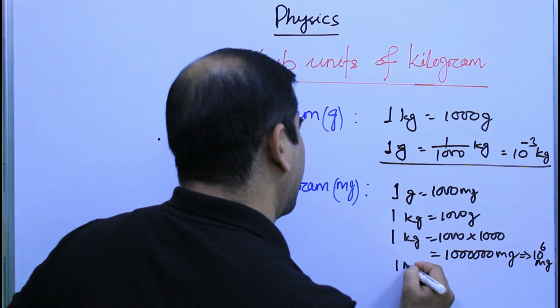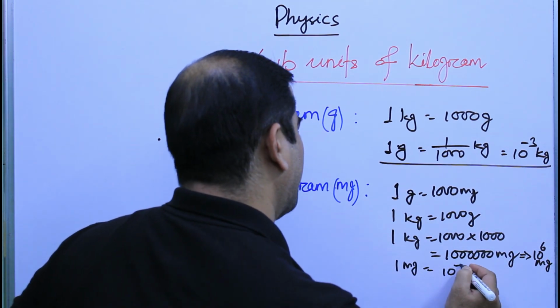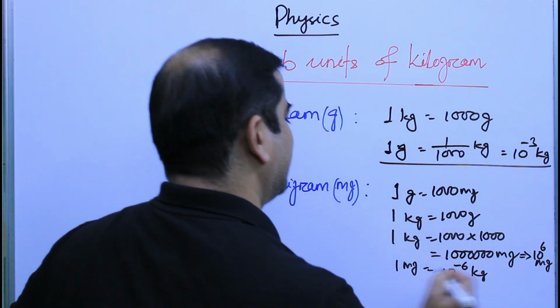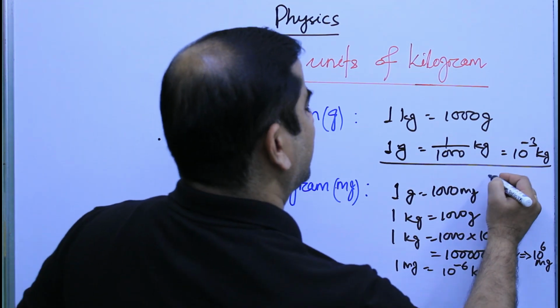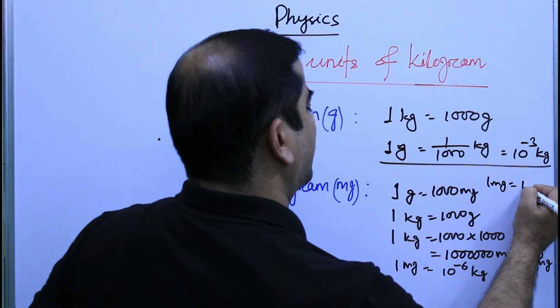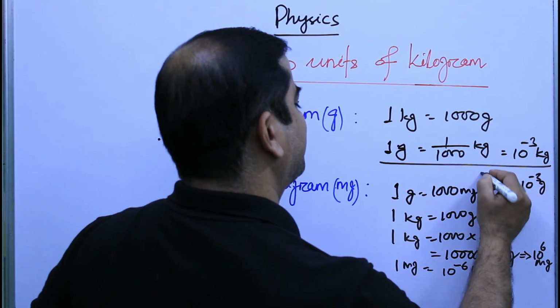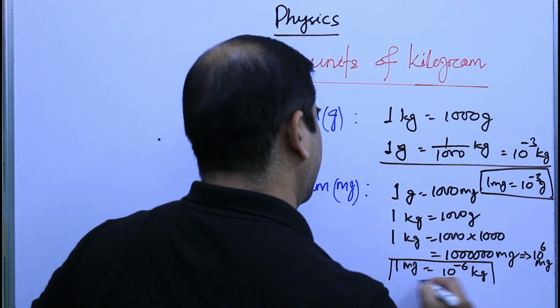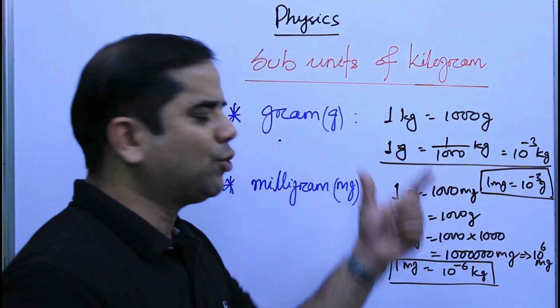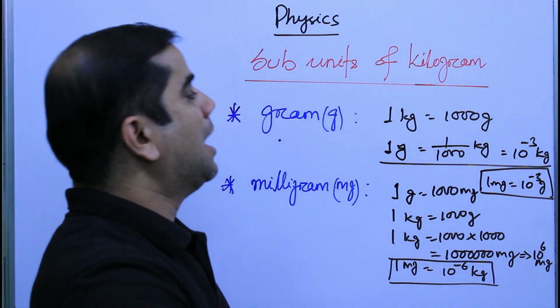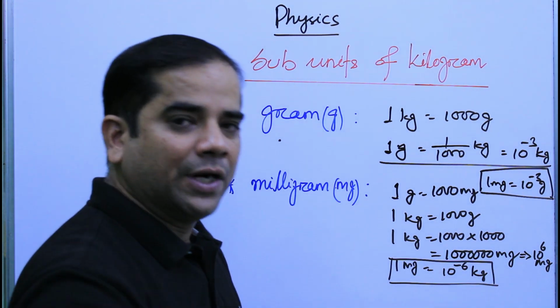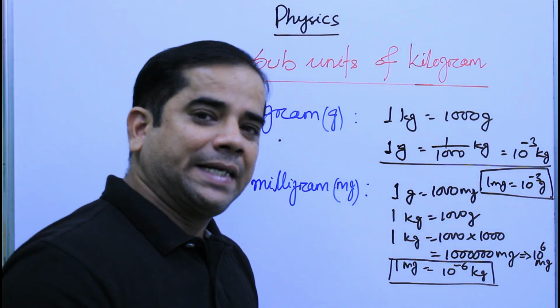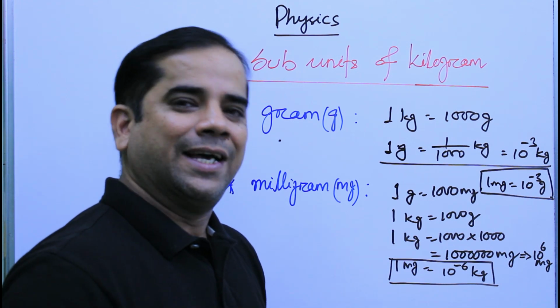So 1 milligram is equal to 10 to the power minus 3 gram, or you can say 1 milligram is equal to 10 to the power minus 6 kg. So we need to remember this relationship between the SI unit and its subunits so that we can use them as and when required.